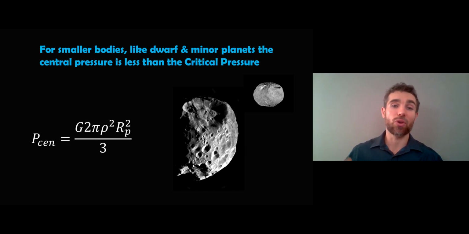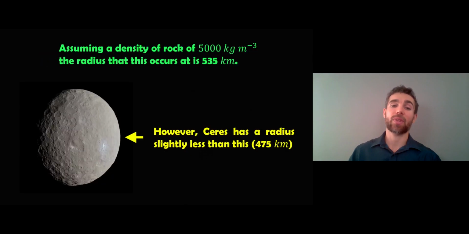So asteroids and minor planets are going to have internal pressures that are not greater than this critical pressure. And again, if you assume a density of rock of about 5,000 kilograms per cubic meter, you can work out what radius that occurs at. And it's around 535 kilometers, a radius at least.